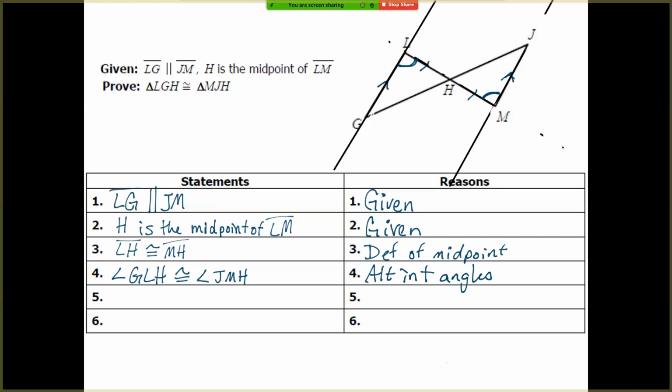So now if we go back to our parallel lines, and we think about this transversal, and we ignore this line here for a minute, both triangles include this angle here, so angle G and angle J. They are also alternate interior angles.